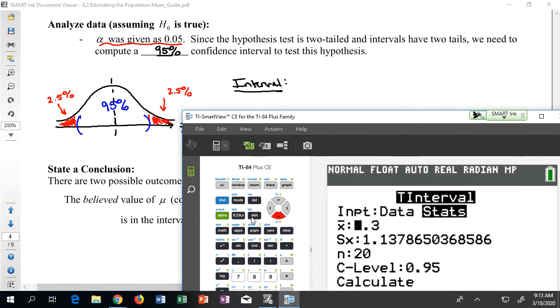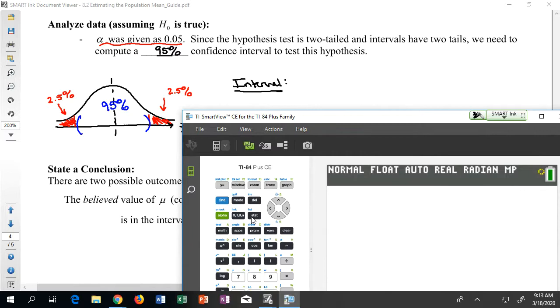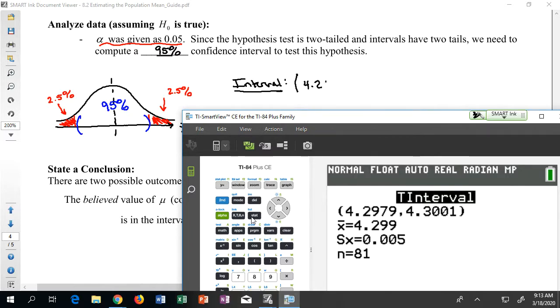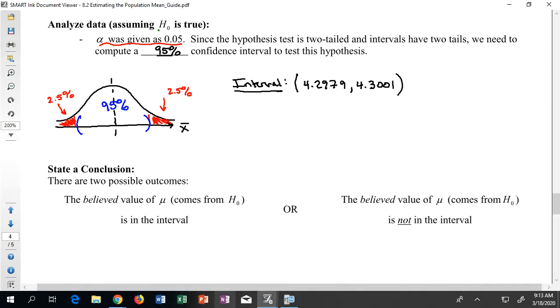My sample average was 4.299. Standard deviation was 0.005. N was 81. And we want a 95% confidence interval. So the interval that we end up with here is 4.2979 to 4.3001. And again, I need to keep in mind that the hypothesis that I'm trying on right now is H0.